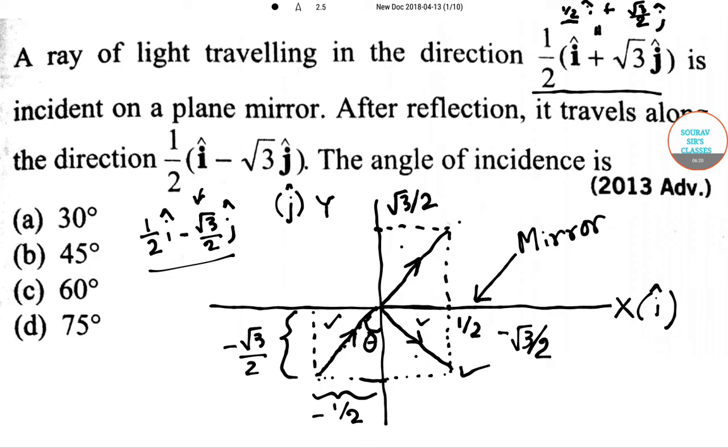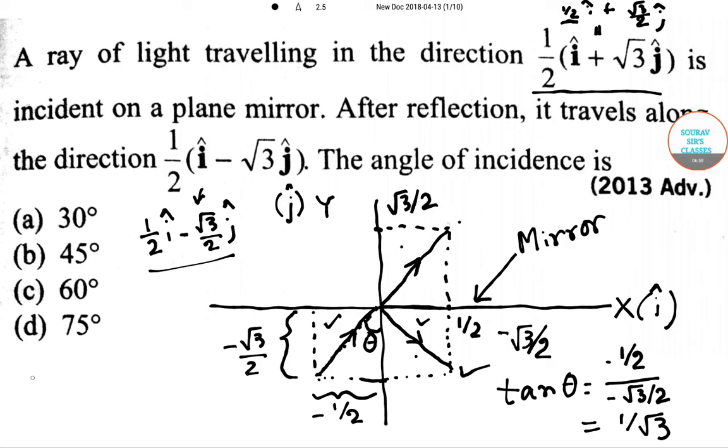So from this diagram we can very easily say that tan of theta is equal to minus of half divided by minus of root 3 by 2, which can be evaluated as 1 by root 3.